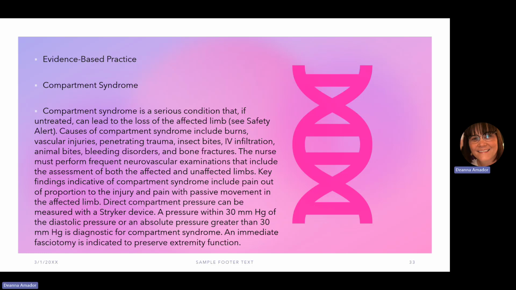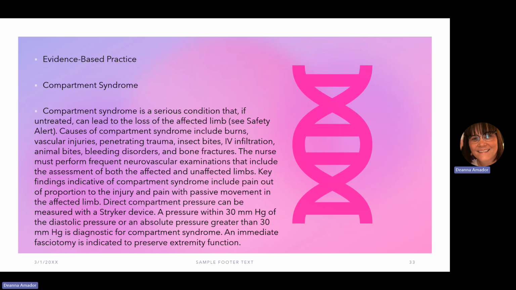So here's your evidence-based practice talking about compartment syndrome. Just know that if this is going on, then the nurse needs to perform frequent neurovascular exams that include assessment of both the affected and unaffected limbs.